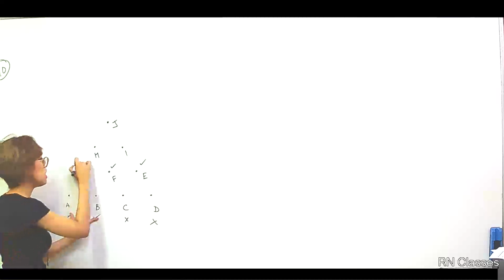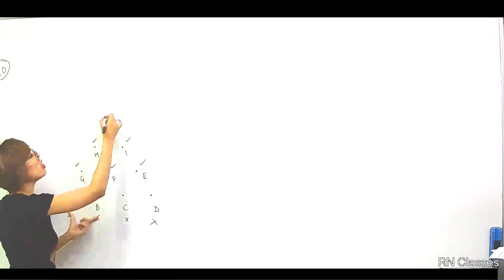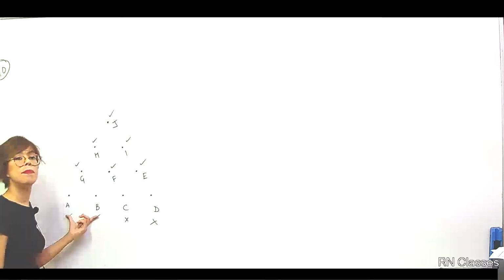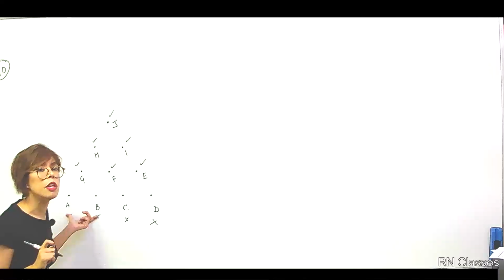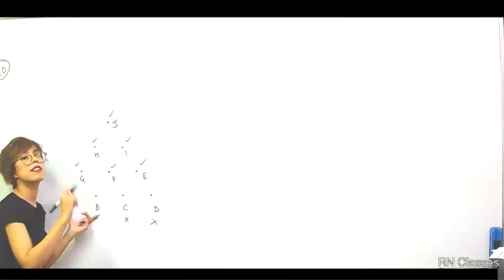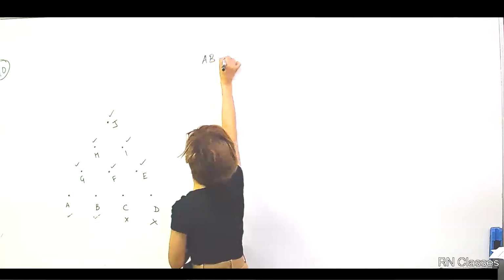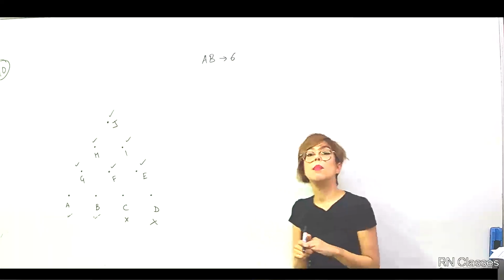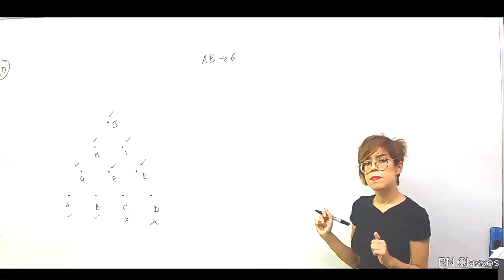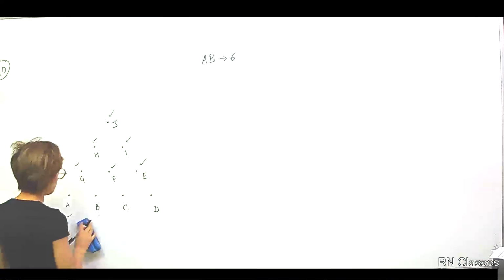Yes. G? Yes. I? Yes. H? Yes. J? Yes. That means if I take AB, how many sets of non-collinear points? 1, 2, 3, 4, 5, 6. So from AB, I will get 6 sets of non-collinear points. And obviously I will be getting 6 circles. Right?